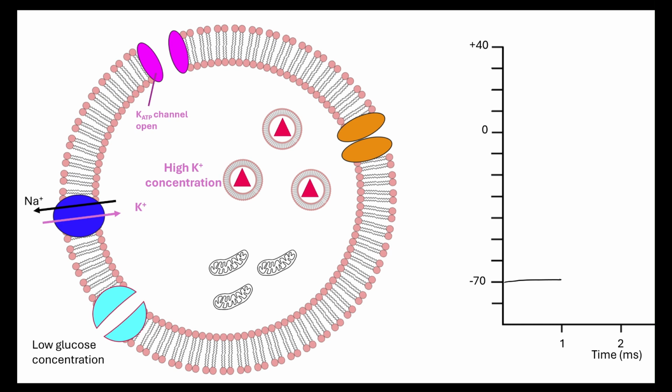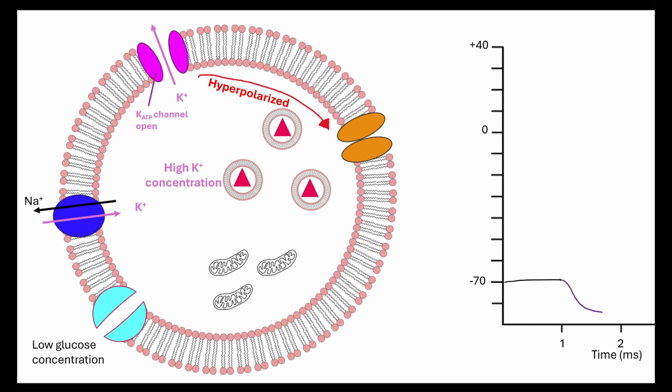Now, the resting potential would be about minus 70 millivolts. Now, what happens is because that potassium is at a high concentration, the potassium ions can leave. They diffuse down their concentration gradient, and what that will do is generate what's known as a hyperpolarized membrane.